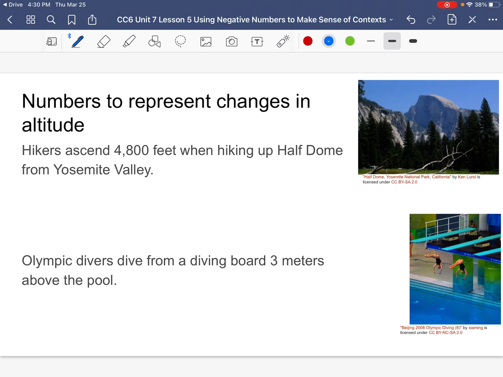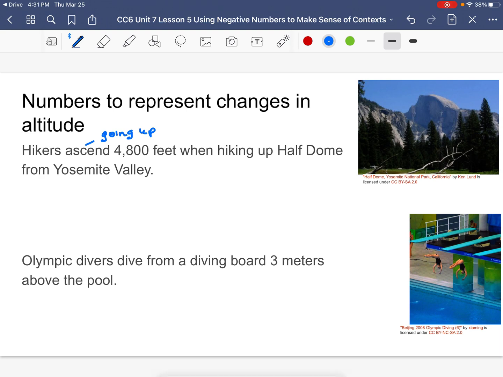Numbers to represent changes in altitude could include examples such as a hiker ascending. Ascending means going up. Even though the top of Half Dome has an elevation of 8,800 feet, Yosemite Valley is at approximately 4,000 feet, so a hiker will go up 4,800 feet from there to get up to the top of Half Dome.